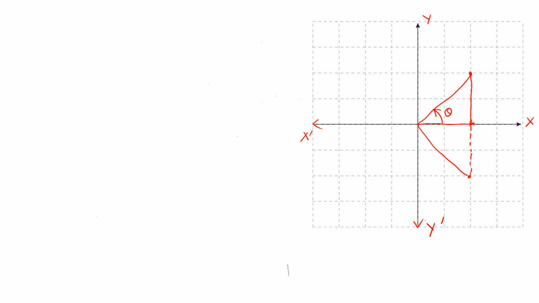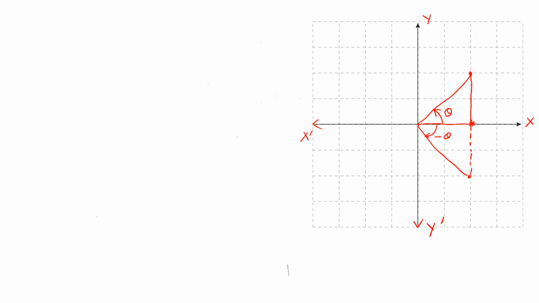This is the main point. Now if this is positive theta, definitely this angle will be negative theta because this is clockwise, and in trigonometrical functions we always measure any angle anti-clockwise. Anti-clockwise is always positive.